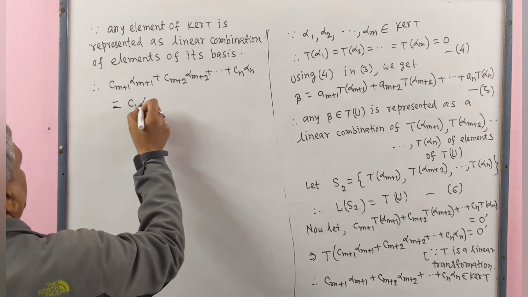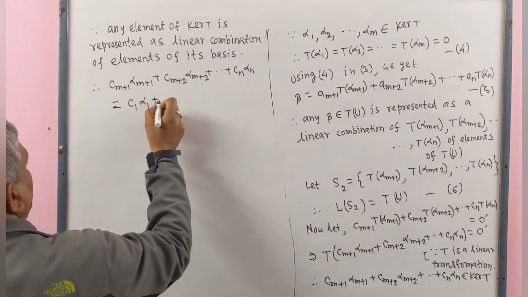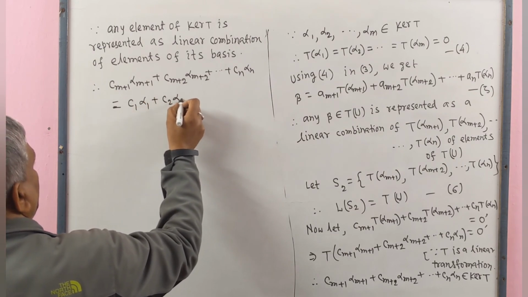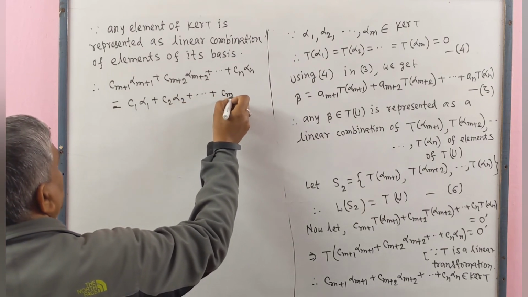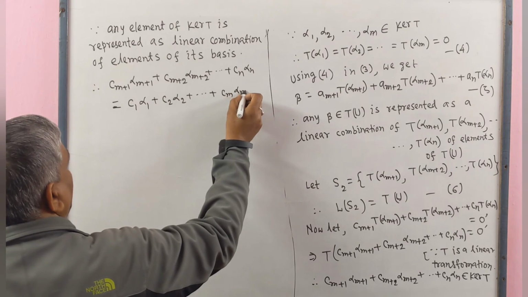a linear combination of alpha 1, alpha 2, ..., alpha m.